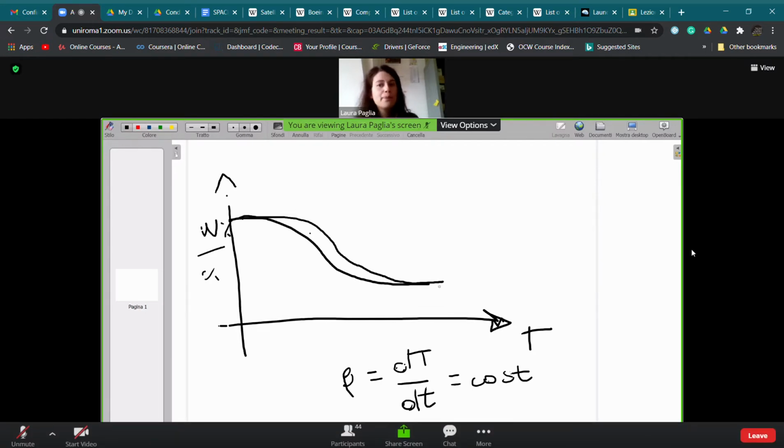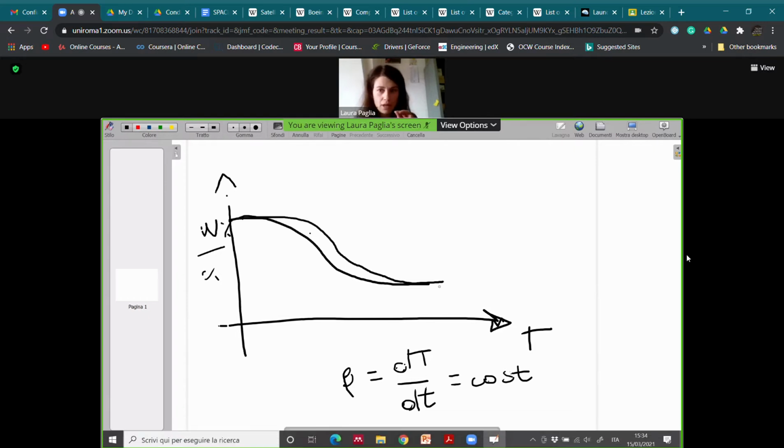And if I perform this analysis with another heating rate higher than the other two, I will obtain another curve of this shape, and so on. So I have these curves with different heating rates.